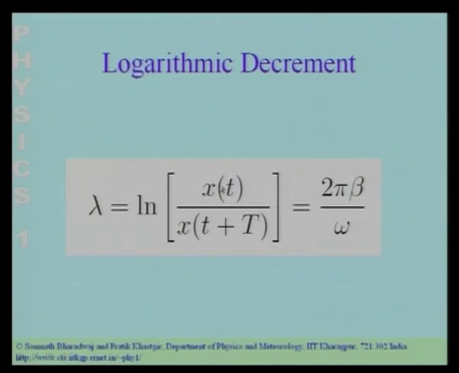This is x as a function of t, the amplitude at a time t. Now, also look at the amplitude after one time period of the oscillation. If the time period is capital T, look at the amplitude of the oscillation after one time period. The natural logarithm of this ratio is going to give us what is called the logarithmic decrement.